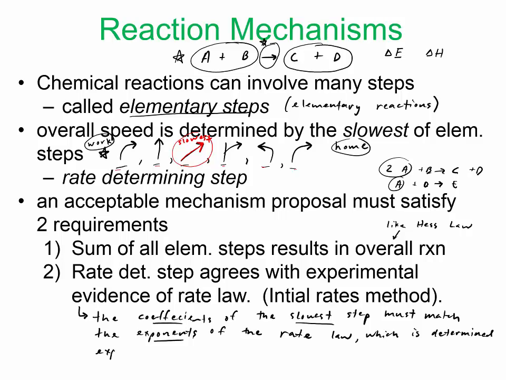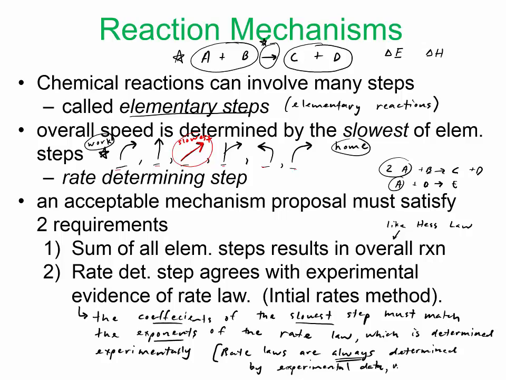That's one point to never forget, so I'll put it in brackets here: rate laws are always determined by experimental data, usually by the method of initial rates.